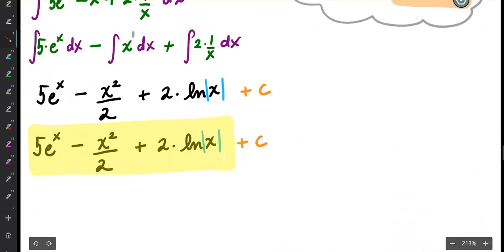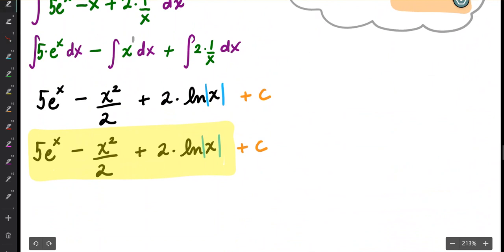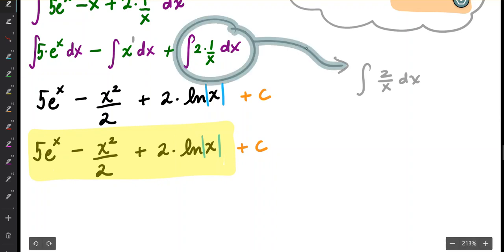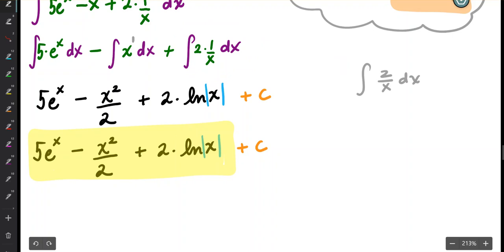Look what would happen just off to the side if I was just integrating 2 over x, finding the general antiderivative for 2 over x. Well, if I wrote that, hey, I want this as x to the minus 1 so I can do power rule in reverse, I got a constant multiple.